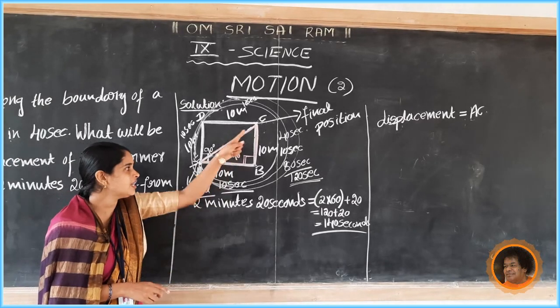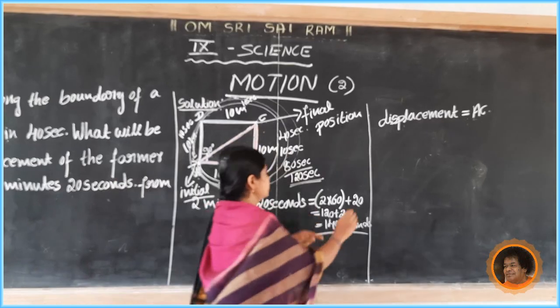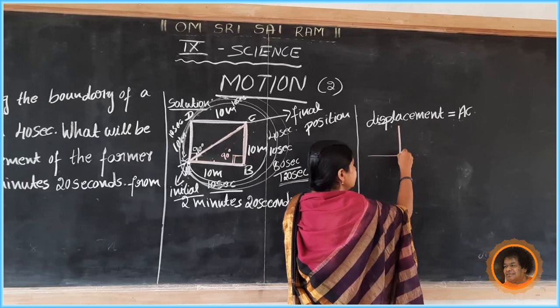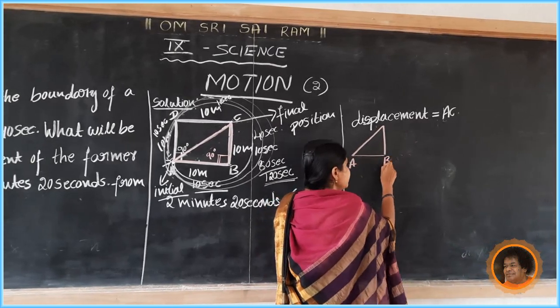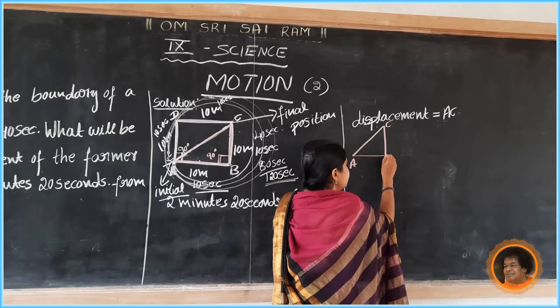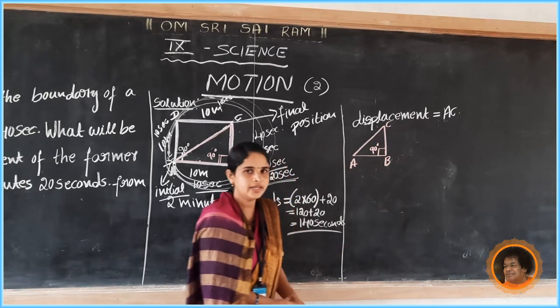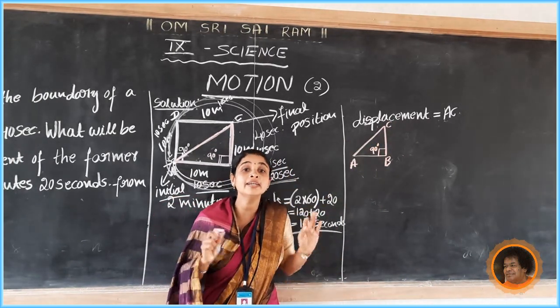Okay, triangle ABC. Draw this triangle ABC like this, A, B, C, and here angle B is 90 degrees. This triangle ABC is a right angle triangle.